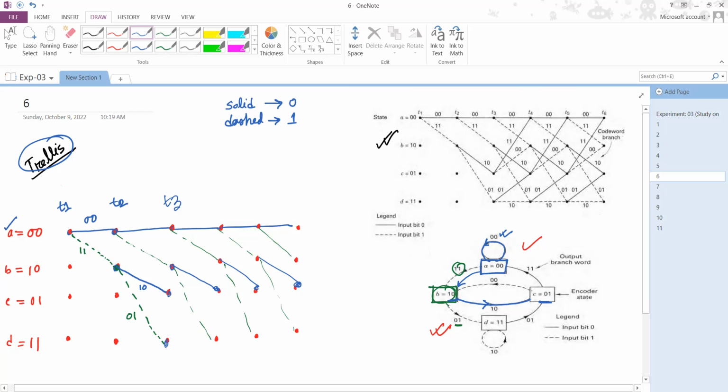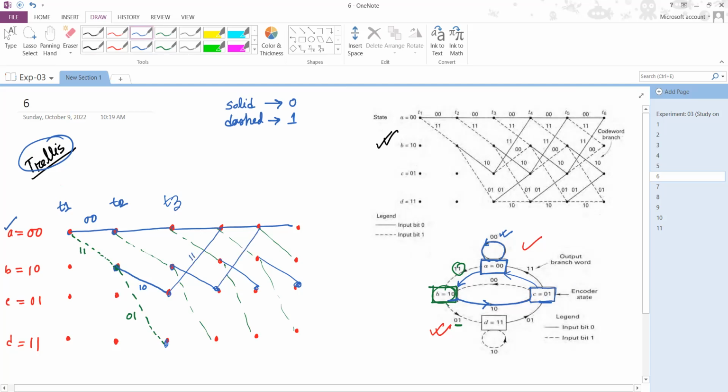Now for C state, that is for this position, if I give the input as 0, then it will follow the solid line and it will go to 0, 0, right? That means from 0, 1, it is going to 0, 0 following a solid line, and the output is 1, 1 in this case.